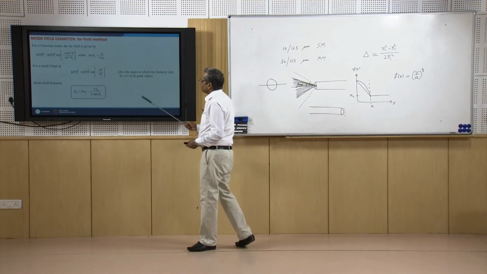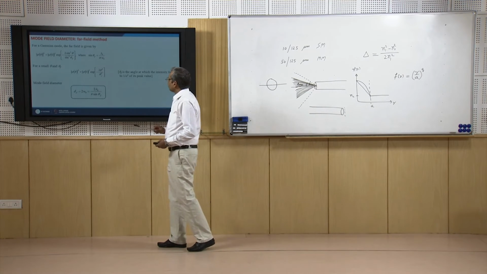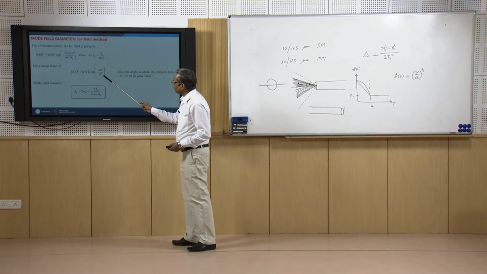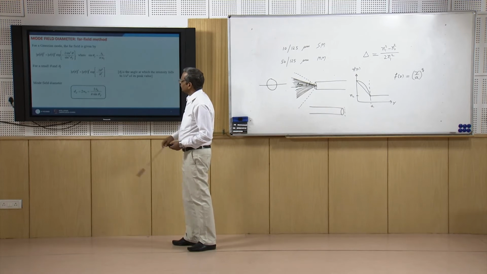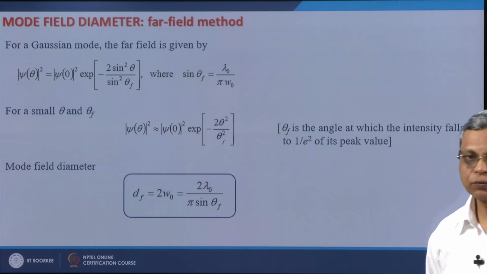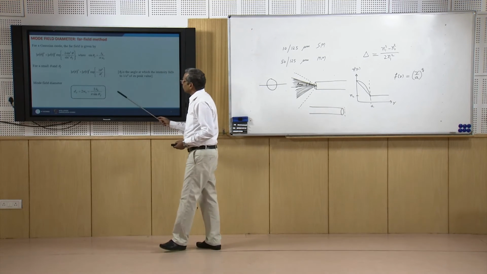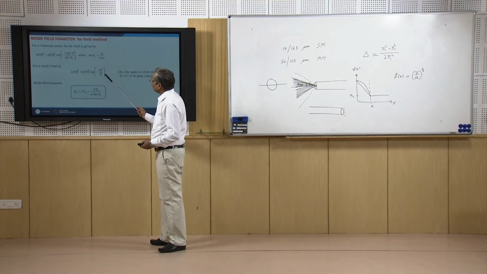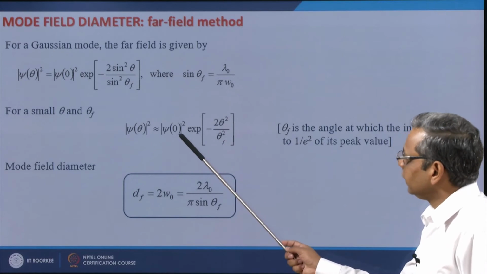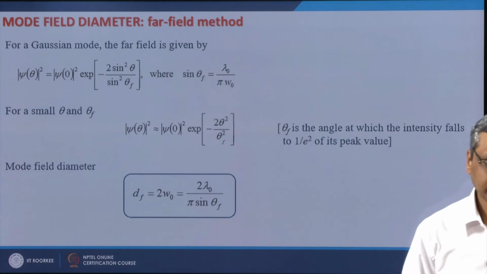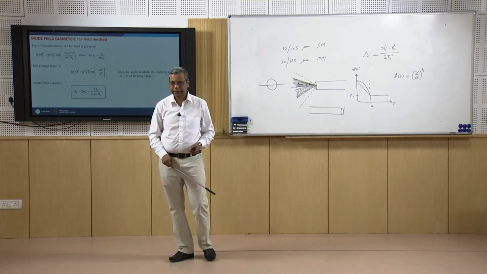So, from here I can immediately see that theta f is the angle where this intensity, because mod psi squared corresponds to intensity, falls down to 1 over e squared of the intensity at theta equal to 0, and at theta equal to 0 you have the maximum intensity.